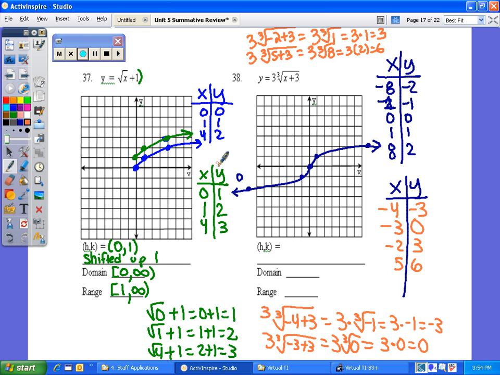The first one would be all the way over here at negative 11, and I don't have enough room for that. So I'm going to go to negative 4 and negative 3, negative 3 and 0, negative 2 and 3, and then 5 and 6.